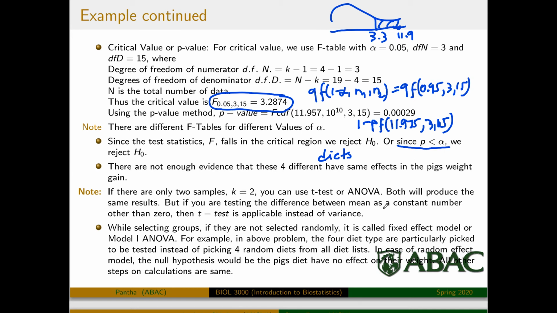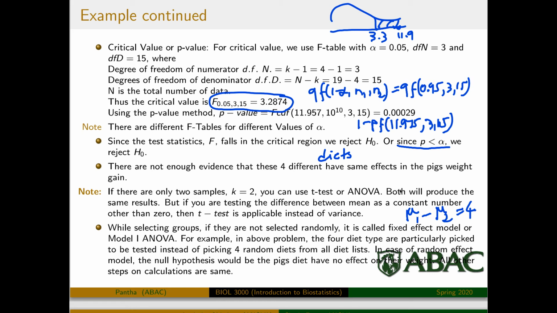Sometimes, do you remember, we were testing mu1 minus mu2 equals 4 or 5. Do you remember the example where the average age for men to start graying hair is 30, and for women it was 34, right?